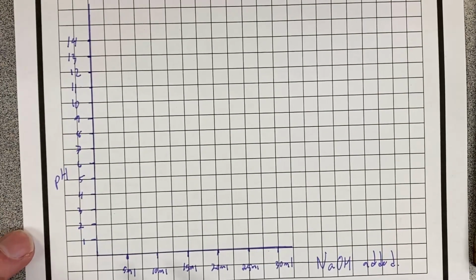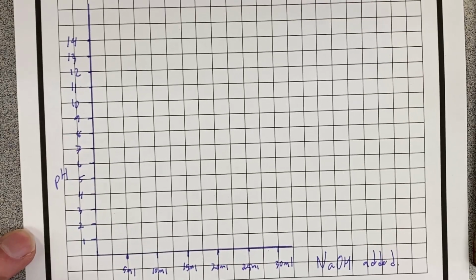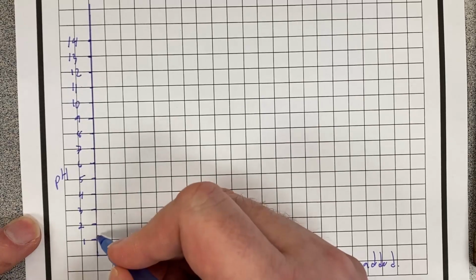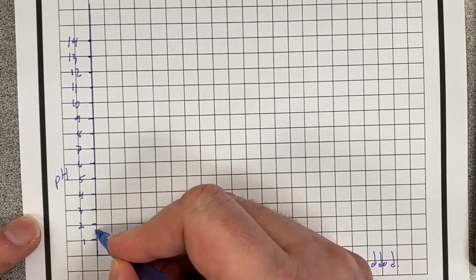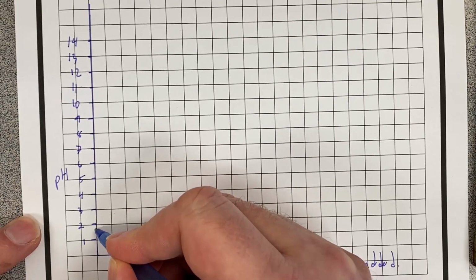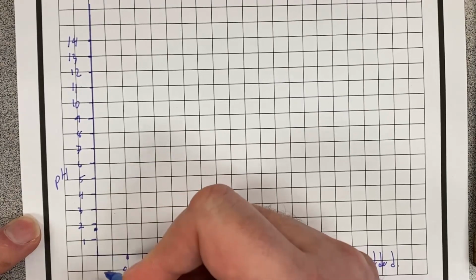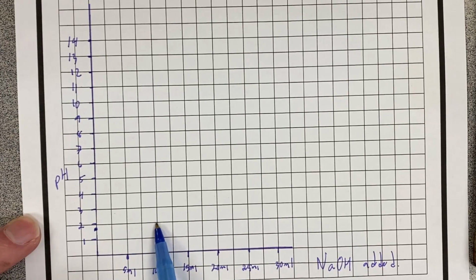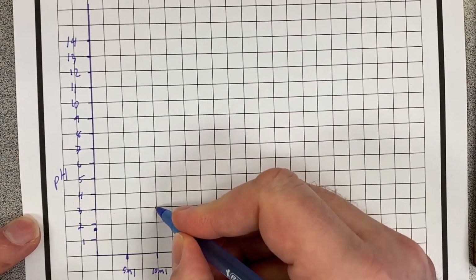Okay, so when you look at this graph, we've put pH on the y-axis and the amount of NaOH in milliliters on the x-axis, and we're just going to plot the points that we got from our weak acid being titrated, our HF. The first place we have is a pH of 1.86, and that's when we've added nothing. That's when the acid is by itself. The second occurred at 10 milliliters, and we have a pH of 3, so that's going to put us right here.